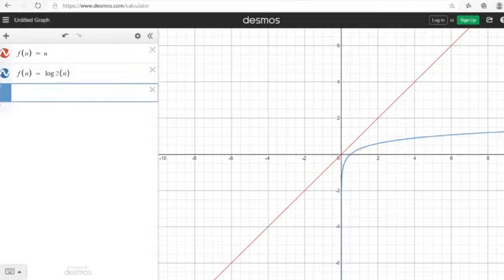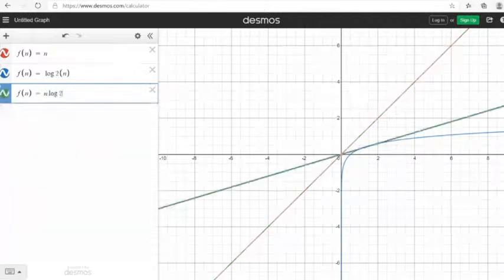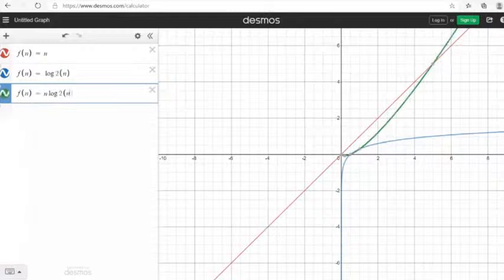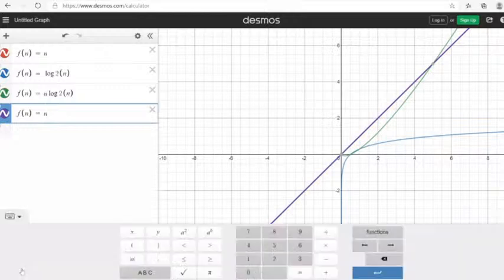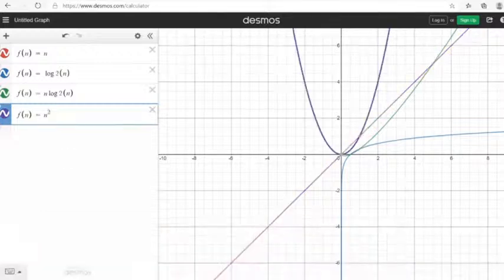Then the next one is f of n equal to n log base 2 of n, that is n multiplied by log base 2 of n. Next, f of n is equal to n square. I'll take it as n square, so f of n is equal to n square.